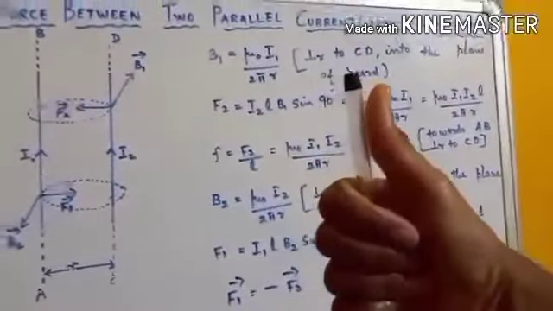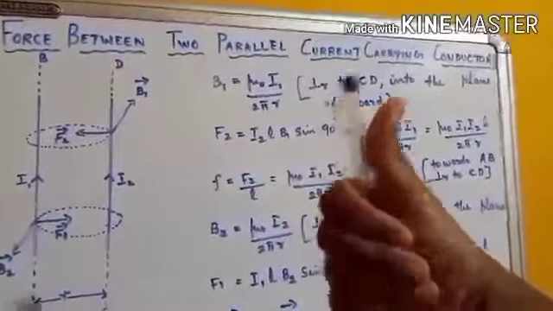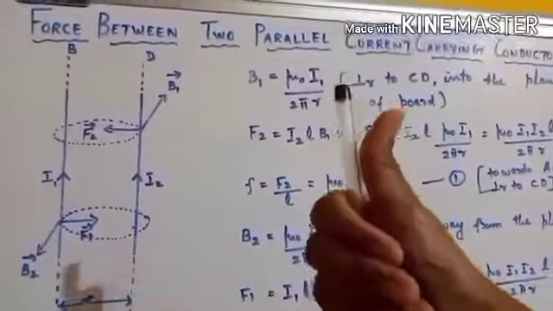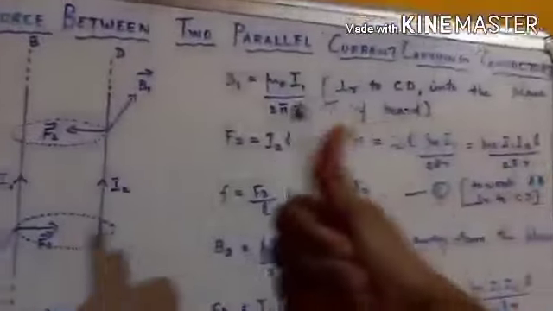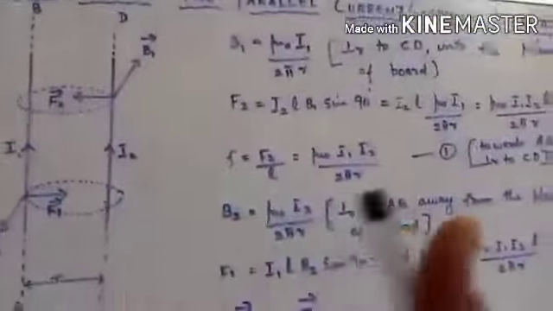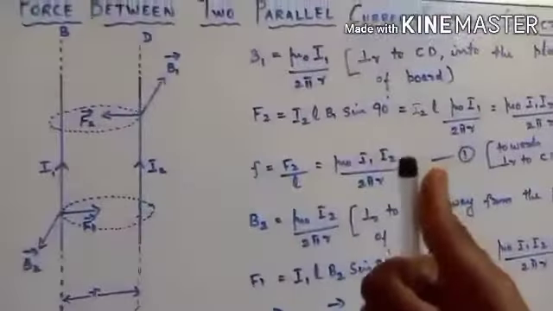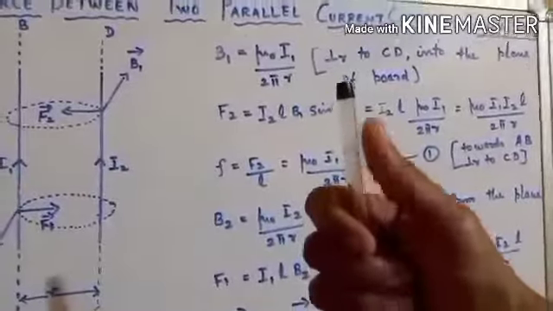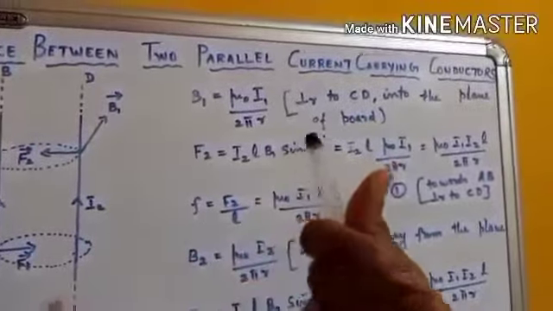Then see the direction in which the fingers curl. It is in the anti-clockwise direction. So the magnetic field line surrounding this current carrying conductor AB is in the anti-clockwise direction.